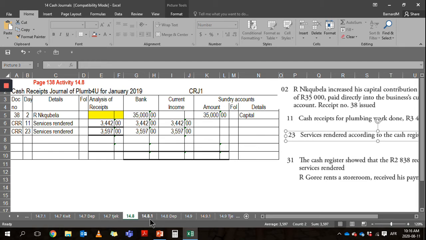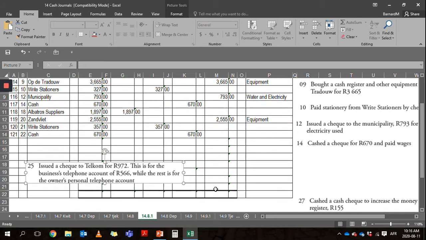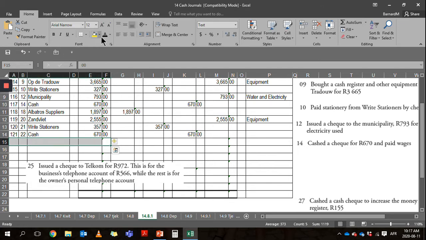The next one is then on the 25th. Now the 25th we must be careful with, because it says issued a check to Telkom for 972. So we have a check here and we issued it for 972. That's what the first sentence says. Then it says it is for the business telephone account.